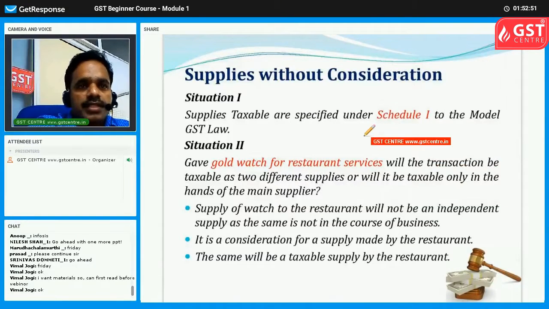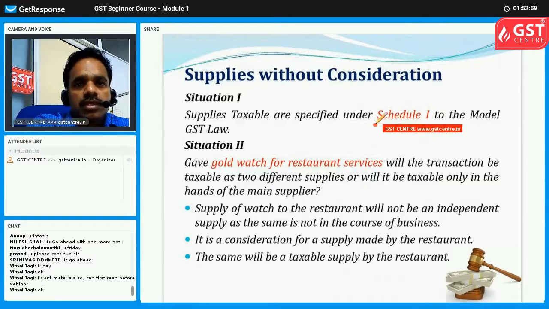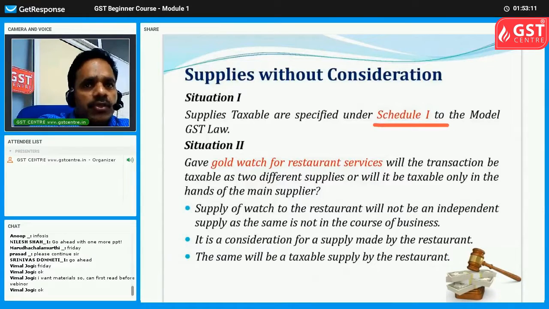In some transactions, even if there is no consideration or no money payment, it will still be liable to GST law. There are some transactions which are specified in Schedule 1. So when we are getting goods or services and we are not paying any amount, not transferring any consideration, we have to check Schedule 1.